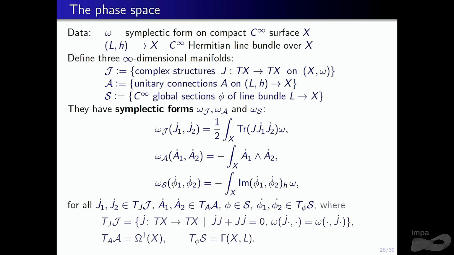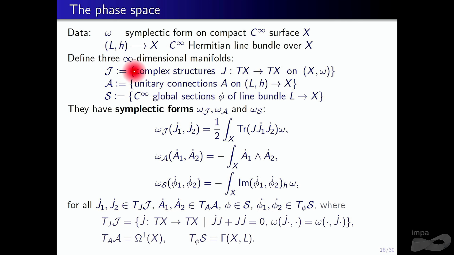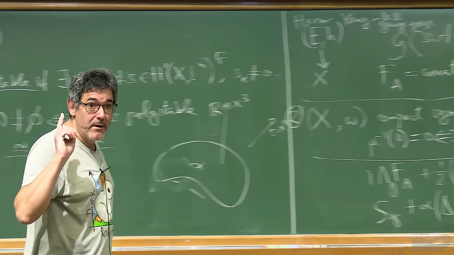Okay. So yeah, maybe I can say, I mean, it's too much. Maybe the previous slide is enough. Maybe, I mean, we start, as in the second example, or Donaldson-Uhlenbeck-Yau theory, with a symplectic form, in this case on a compact surface, and a Hermitian line bundle, as in the Hermitian-Yang-Mills equation, but it's rank 1, okay, in this case.